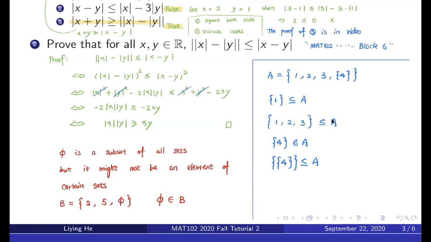Because in the rational numbers there isn't a set containing the empty set. The elements there are rational numbers. You didn't put the empty set in there, right? Yeah. Oh, okay. I understand now. Thanks a lot.